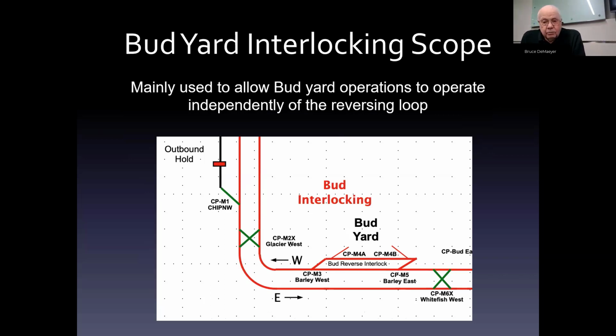That was what I couldn't do before. The minute I brought somebody into the Bud yard, I messed up the ability to use the reversing loop as long as that train was operating and doing its switching in that loop, which meant that my mains could not properly operate with new trains coming in and old trains going out. And that's been fixed now.